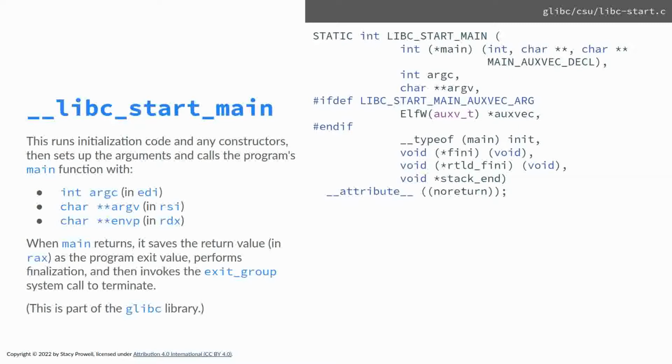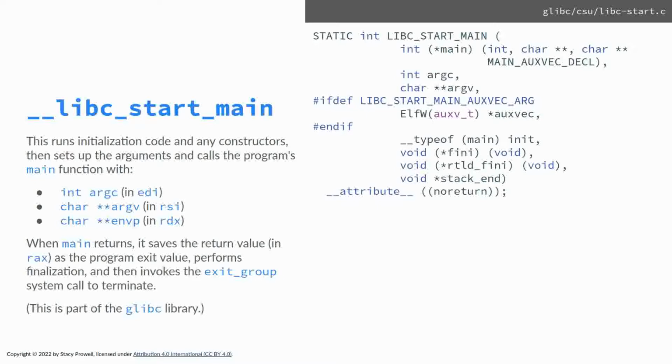It's trying to hide these details from you but in accordance with the platform's calling convention. What it's going to do is put argc in EDI, argv in RSI, and envp in RDX, and then it's going to call your main. It's not going to jump to it. It's going to call it as a subroutine.